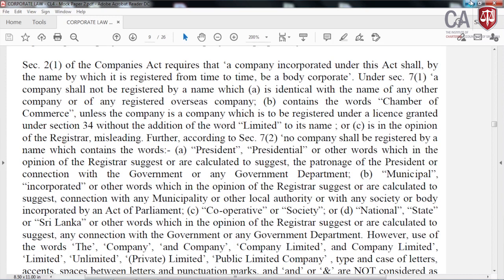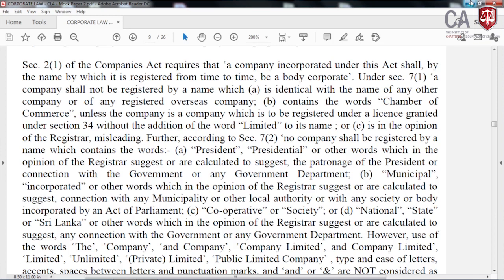Also, the terms municipal or incorporated. Now, generally the name incorporated is obtained by statute, by legislation passed by the parliament, or other words which in the opinion of the registrar suggest or are calculated to suggest connection with any municipality or other local authority or with any society or body incorporated by an act of parliament, such as the Incorporated Council of Legal Education, for example.